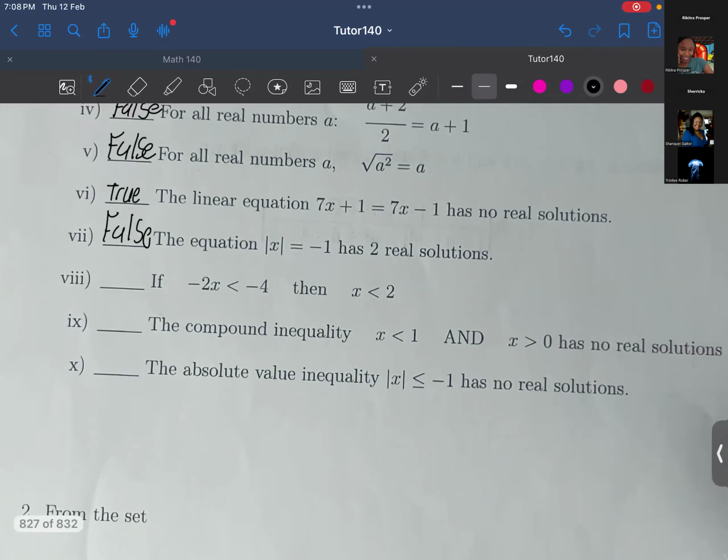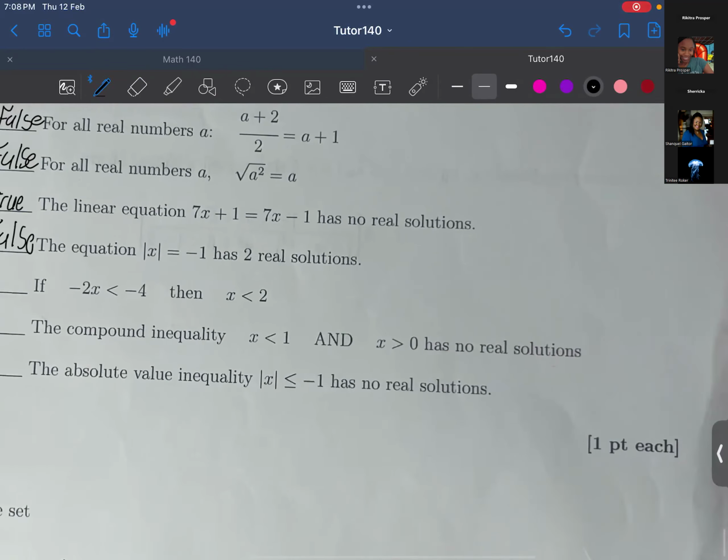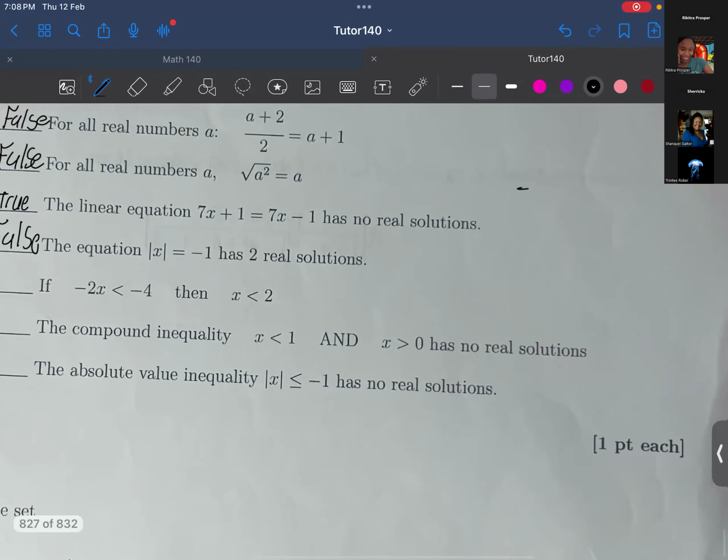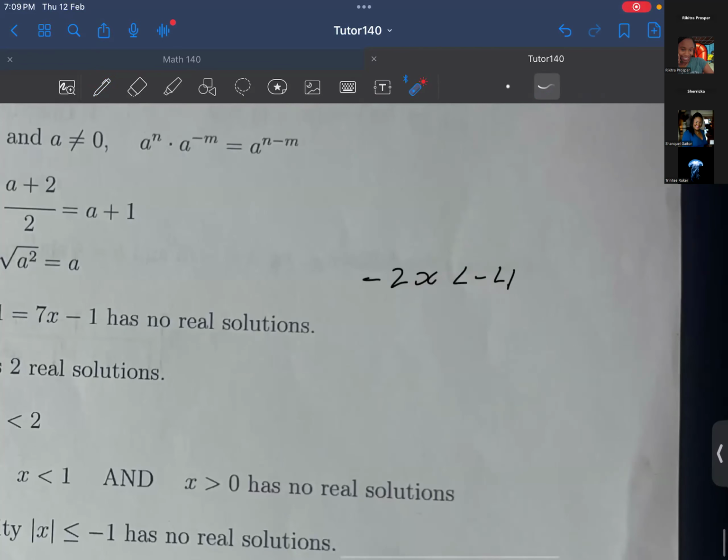If negative 2x is less than negative 4, then x is less than 2. So there's something you'd have to actually simplify. So we have negative 2x less than negative 4, and we have an inequality like this. We want to isolate x. To do that, we'd have to divide both sides by negative 2, because this negative 2 is being multiplied by this x.